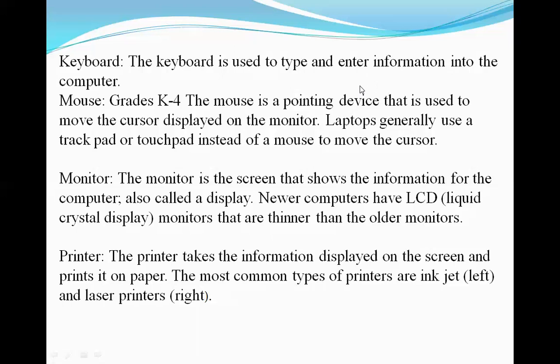Next is mouse. A mouse is a pointing device that is used to move the cursor displayed on the monitor. Laptops generally use a trackpad or touchpad instead of a mouse to move the cursor. A computer mouse is a handheld pointing device that detects two-dimensional motion relative to a surface.